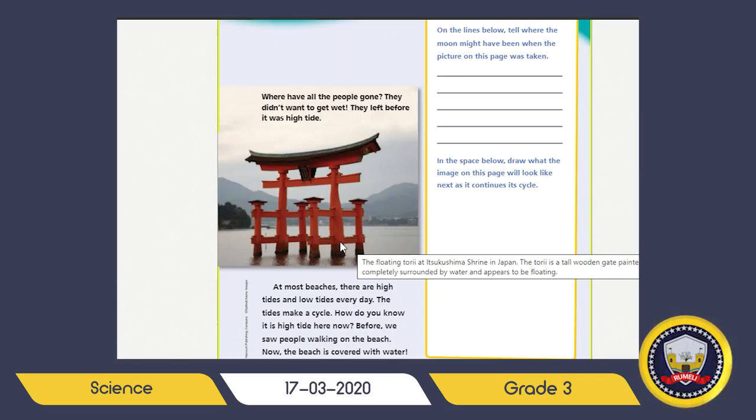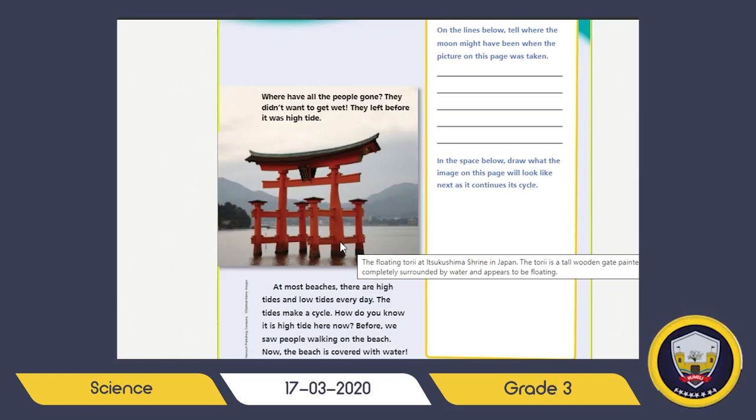Yes, your answer is right. It is high tide in the picture on this page because the moon would be above this ocean or on the other side of Earth from that ocean. So, one more time I will read it slower. You can write it.